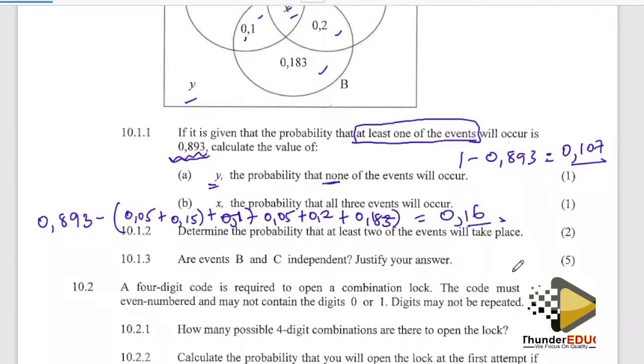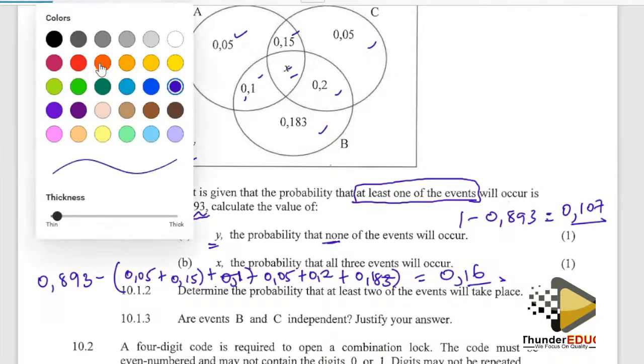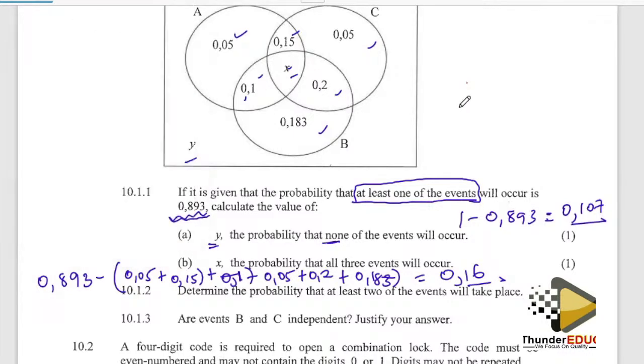Then 10.1.2, determine the probability that at least 2 events will take place. Now, when they talk of at least 2, which means minimum should be 2 events, but maximum, we can have 3. So we're gonna look at this, gonna look at that, gonna look at that, and then our X. Because this is for 2, for 2, for 2, but then we can also have 3.